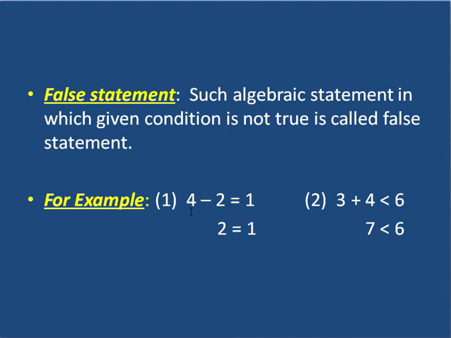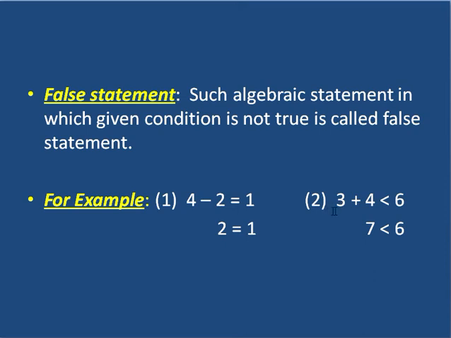Given condition is that 4 minus 2 equal to 1. But when we subtract 2 from 4, the answer will become 2. 4 minus 2 equal to 2, and 2 is not equal to 1, so it is a false statement.